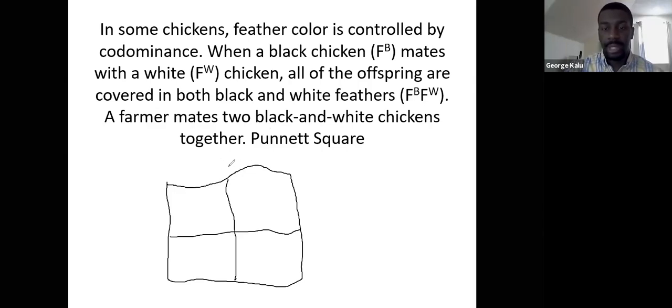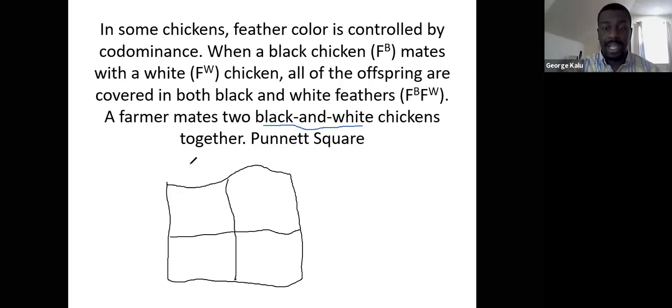What are we going to be listing here across the top? Not FBFB, because again, we're going to be mating two black and white chickens. So if you have a chicken that's black and white, what is its genotype going to be? FBFW, right.